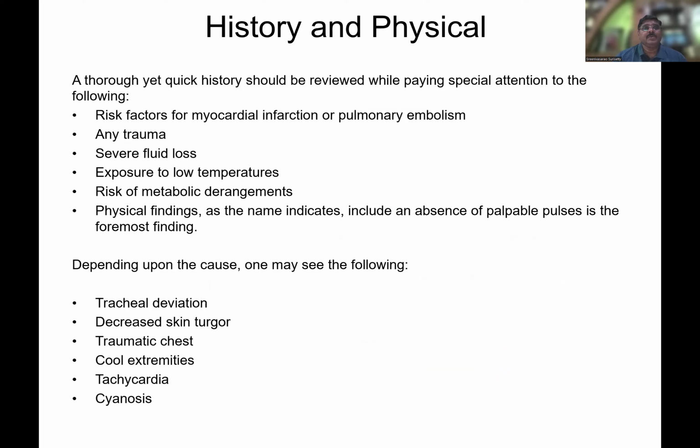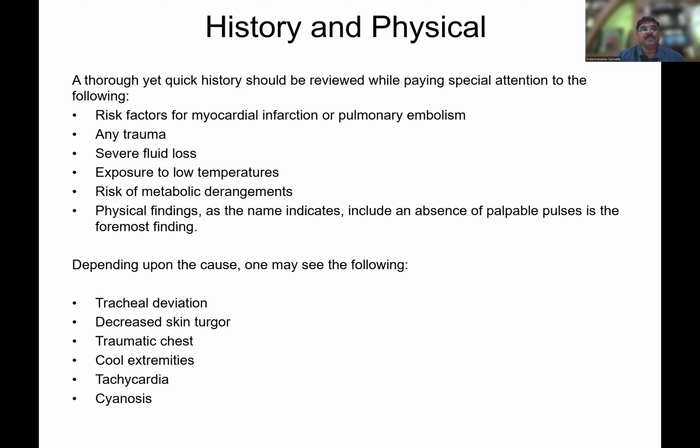Coming to the examination of a patient with pulseless activity, we have to take the history and do a physical examination. A thorough quick history is very important: risk of any myocardial infarction or pulmonary embolism, any trauma, any severe blood loss or fluid loss, exposure to low temperatures, or risk of metabolic derangements. For physical findings, as the name indicates, the absence of pulse is the foremost finding.